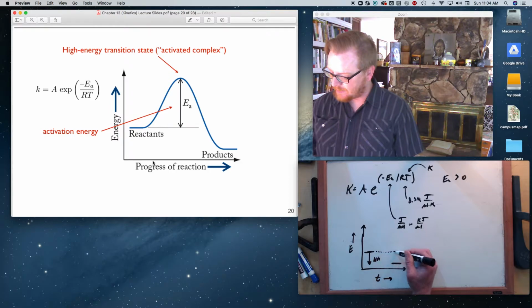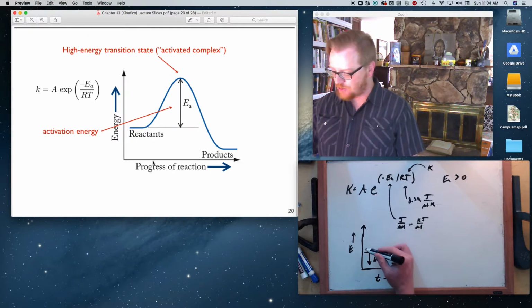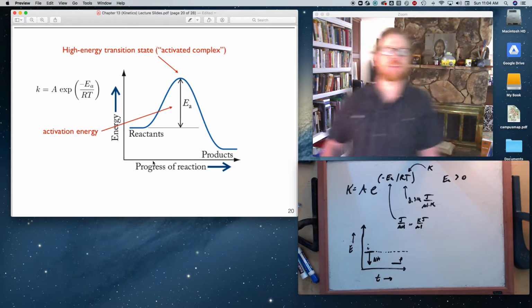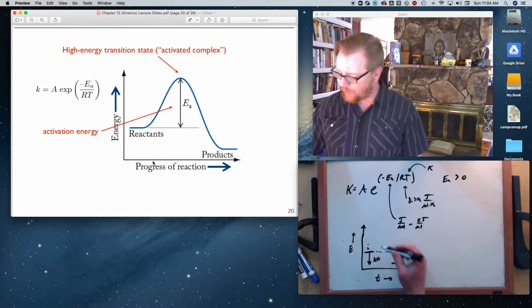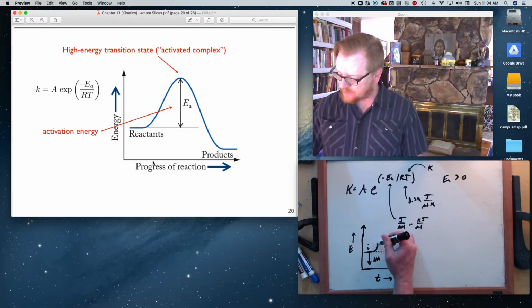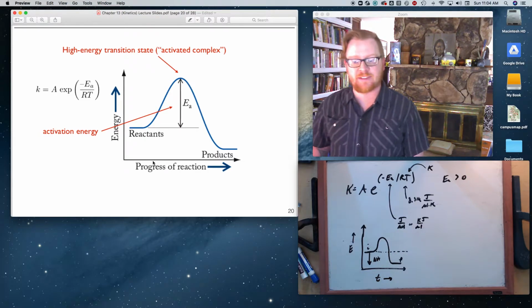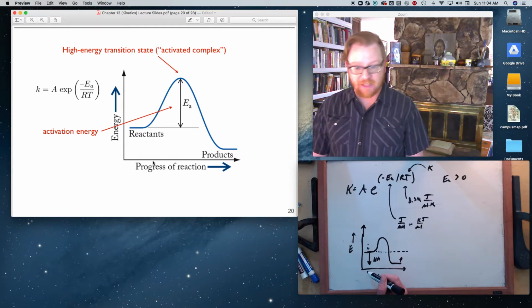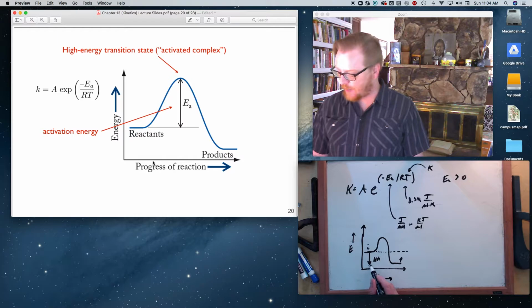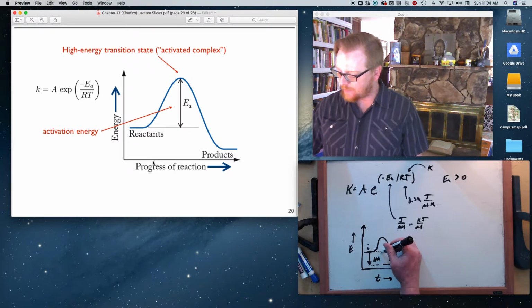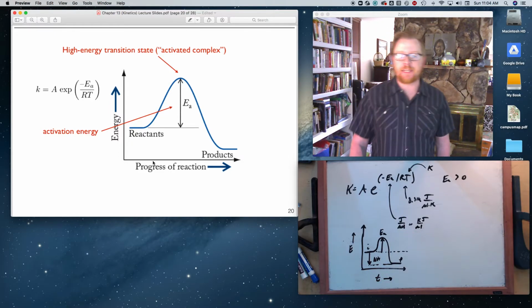There's my delta H from initial conditions to final conditions. However, if this reaction requires an activation energy, which most reactions do, it's actually going to have some input of energy before it can go out and release that reaction enthalpy. Okay? So if this is your delta H on this graph right here, from this state to this state, then from here to here, that represents my activation energy.